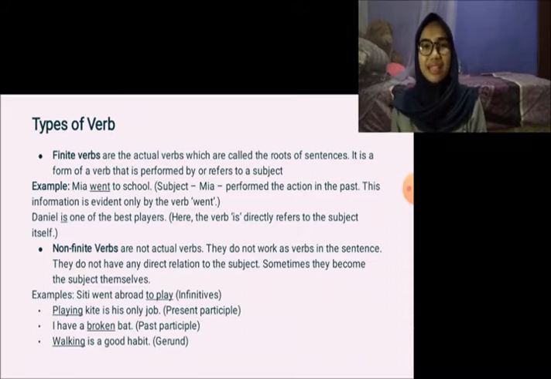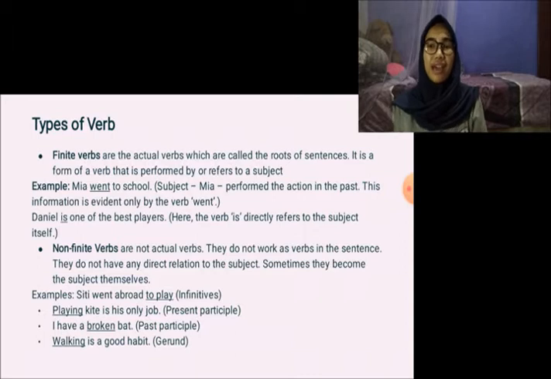The second is non-finite verbs. Actually, these are not actual verbs. They don't work as verbs in a sentence. So, for example, "Siti went abroad to play." To play is an infinitive. "Playing kite is his only job." Playing is a present participle in the sentence.